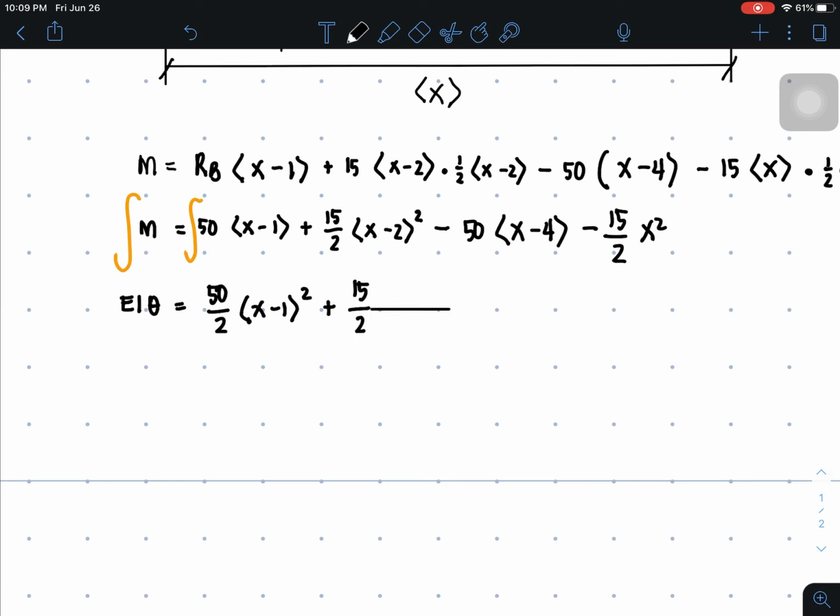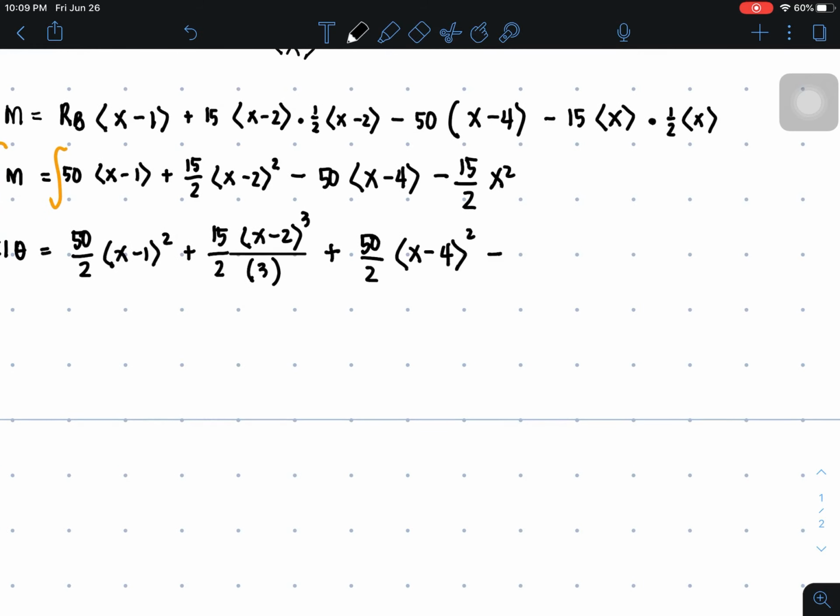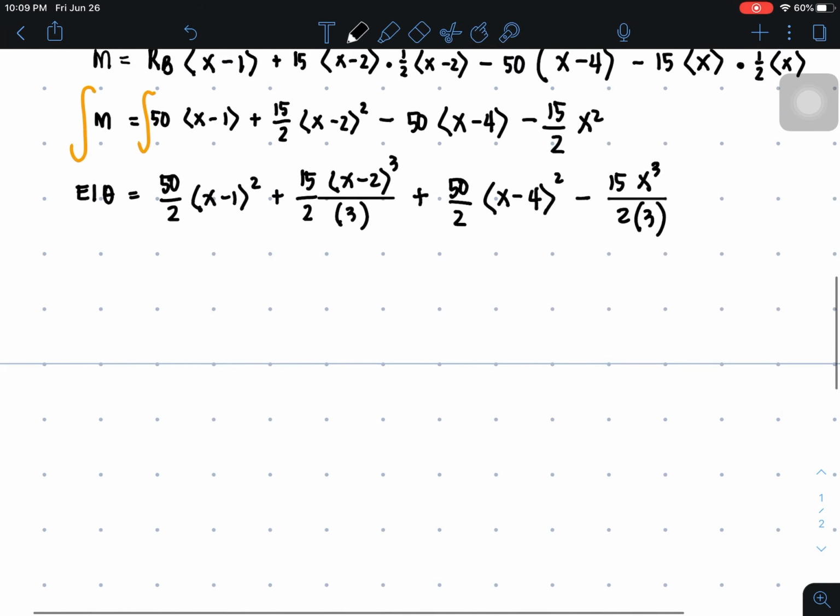Ako na lang na siya ipadayon dito. Then this is x minus 2 cubed divided by 30. Then plus 50 over 2, kani x minus 4 squared. Then minus 15 x cubed over 2 times 30.